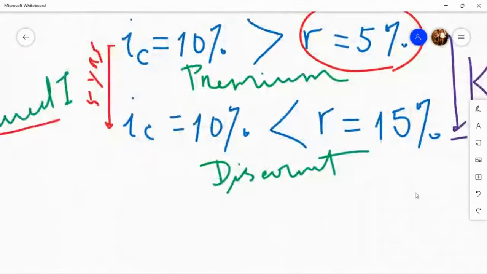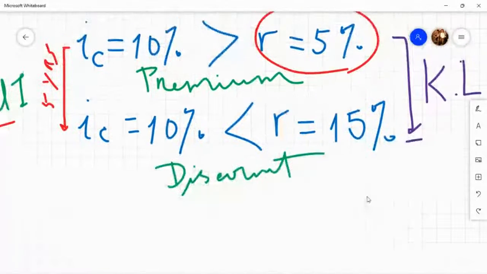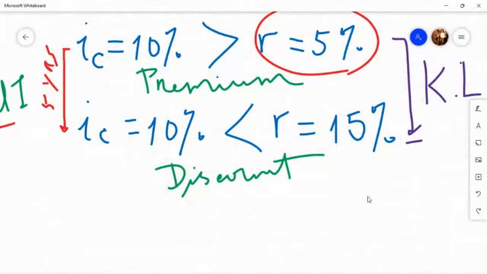Now you gotta know all of these. The maturity risk is also called interest rate risk, because the longer the maturity, how the interest rate will behave is unpredictable. That's where the risk is coming from.